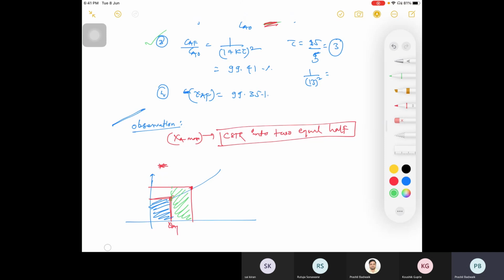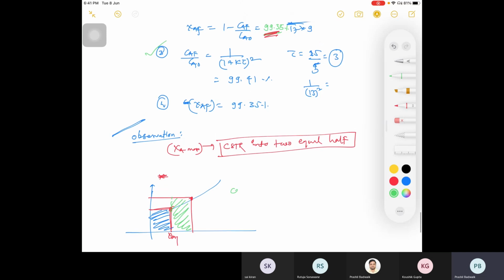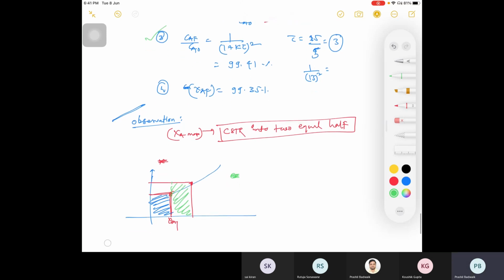So, anybody, can you tell me what will be the condition for getting maximum conversion? This is your XA final, this is your XA1. XA maximum. This is your area.